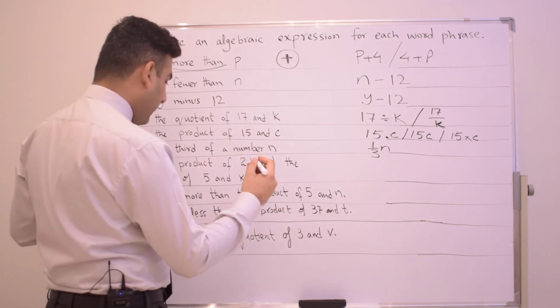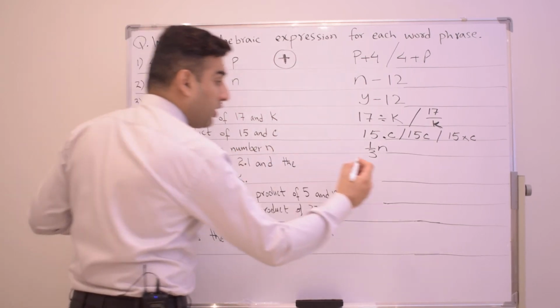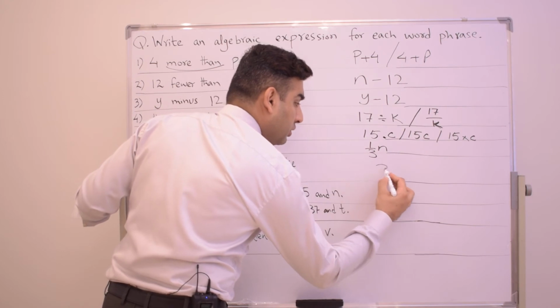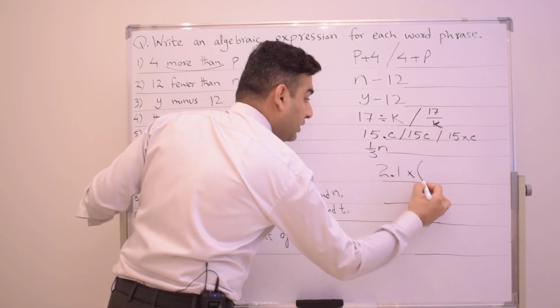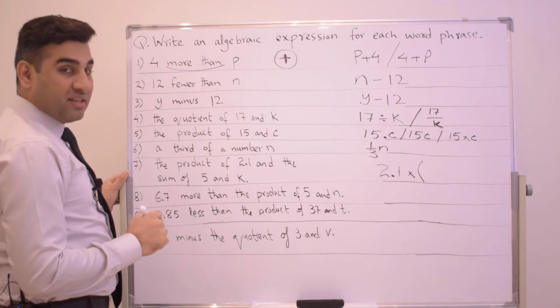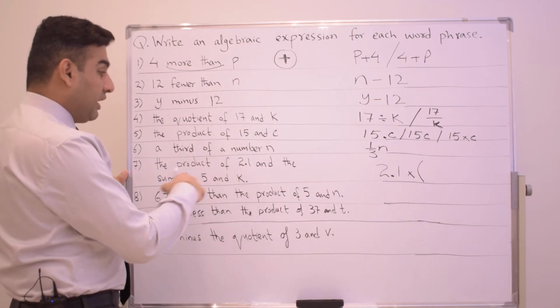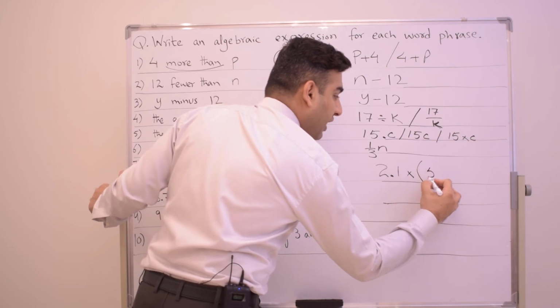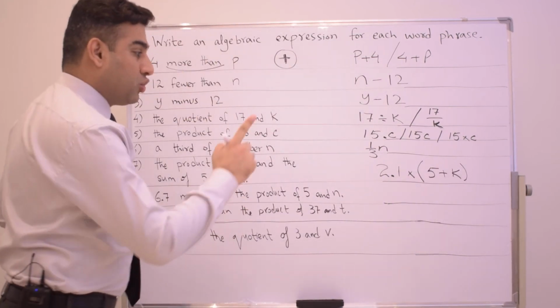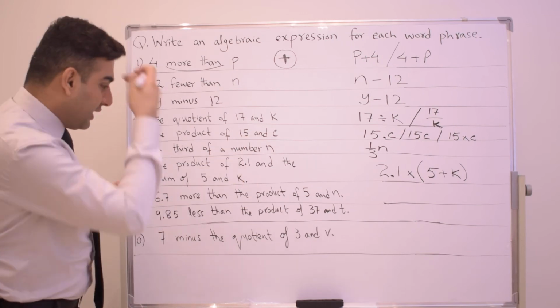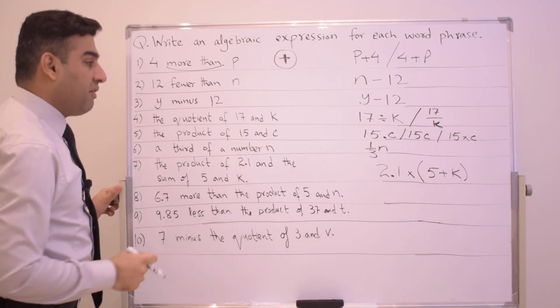So 2.1 times, I will use parenthesis, 5 plus k. So 2.1 times 5 plus k, this is what they are saying in this phrase.